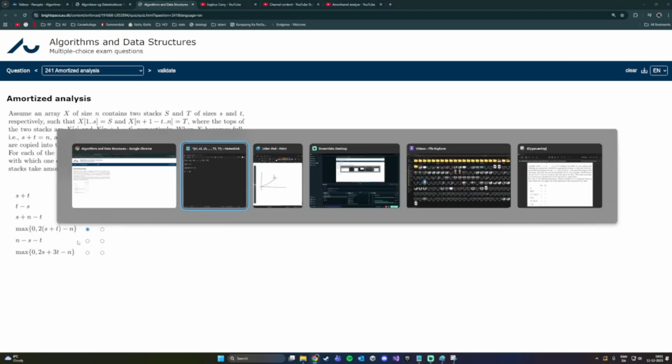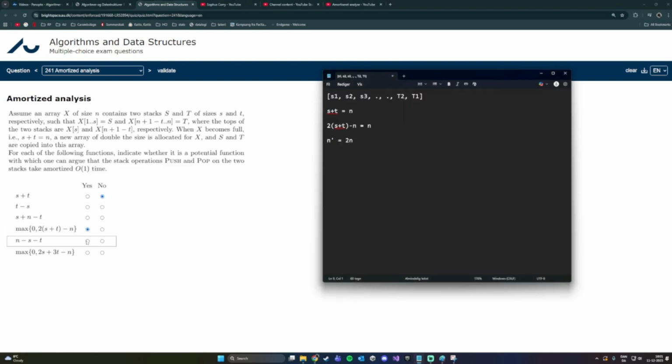And we might want to say something like n minus s plus t is also good. But at the critical point here, s plus t is n, so we actually get n minus n.